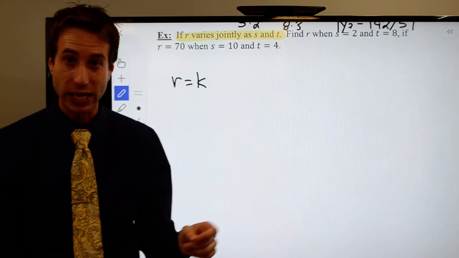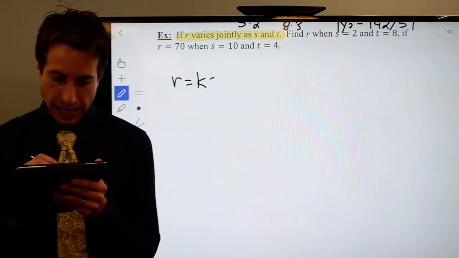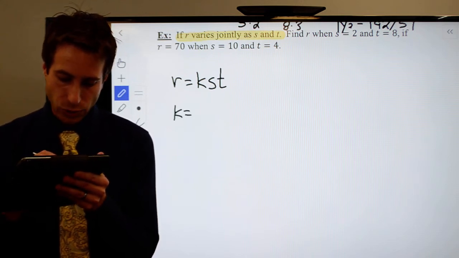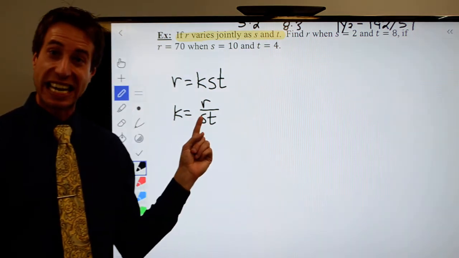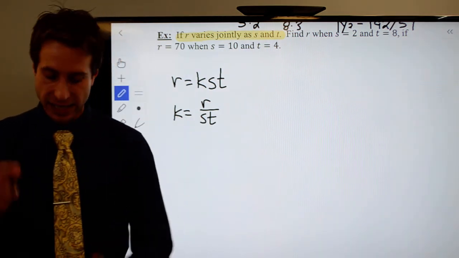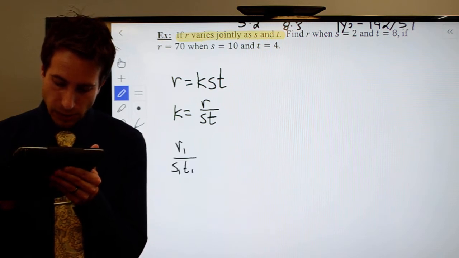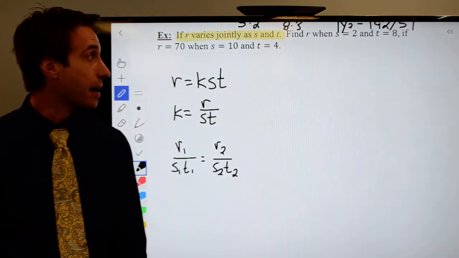And since it's jointly, it'll be multiplied by s multiplied by t. Solve for k. So k is equal to r over s t. And if I'm given an initial and a final set of conditions, I then know that I'll have r1 over s1 times t1 is equal to r2 over s2 times t2. So there's the guy I'm going to use.